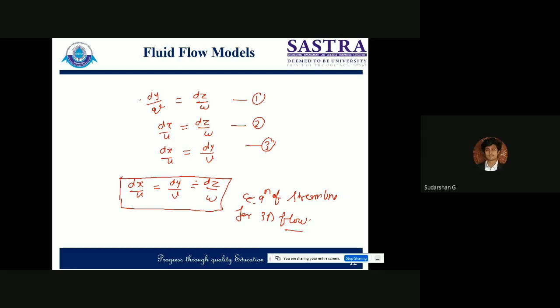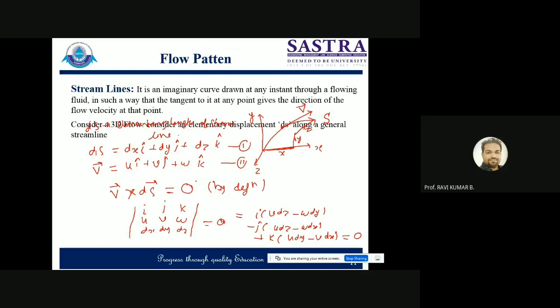Sir, but dimensionally I'm getting it incorrect. If I take ds by dt equal to dv by dt, then I'm getting velocity equal to acceleration. No, ds by dt cannot be considered as dv by dt. Keep in mind, ds is the entire flow domain. This is the streamline as I have said. So from the starting position to the final position, the total length is ds.